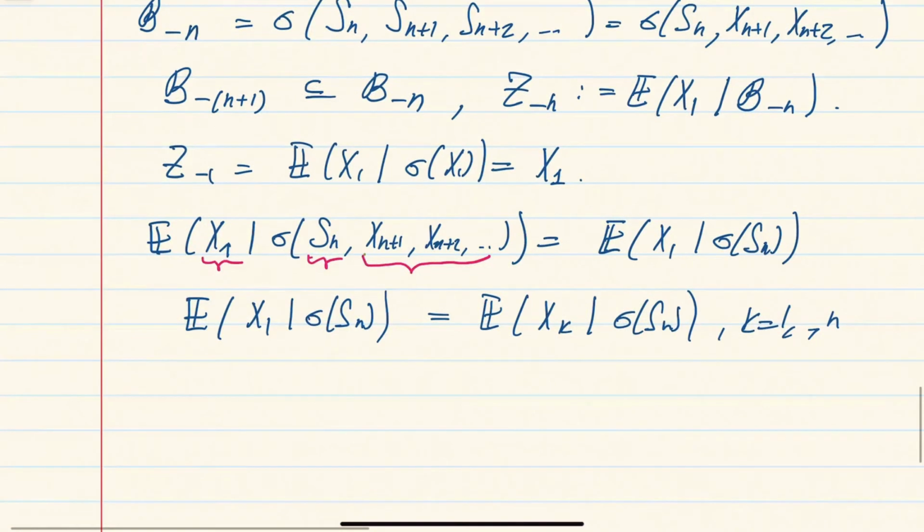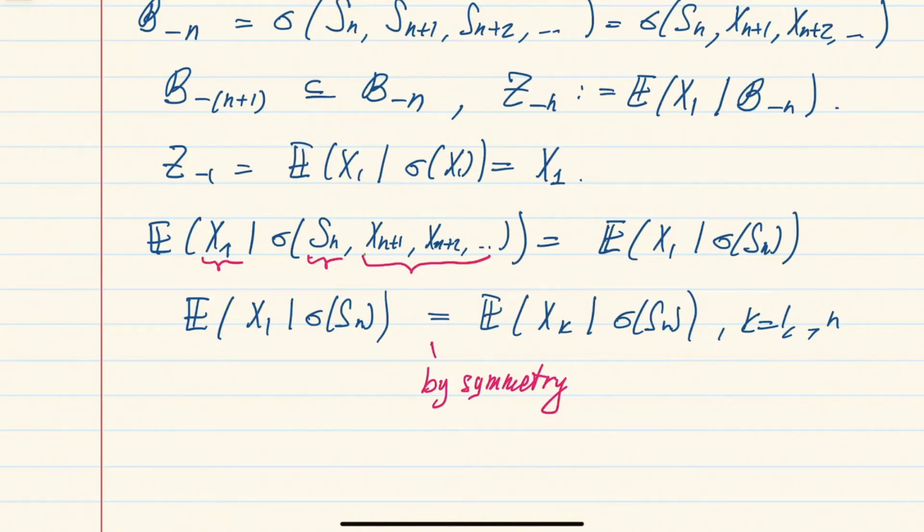Intuitively this is clear just by symmetry, because X1 up to Xn are all identically distributed and independent. So when you fix their sum, conditionally on that, it doesn't matter which one of them you average. But of course, it's important to look at the definition and prove this carefully, which is left as an exercise at the end of this section.